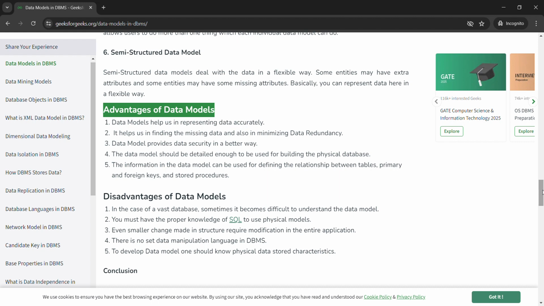Next are the disadvantages of data models. In the case of a vast database, sometimes it becomes difficult to understand the data model. You must have proper knowledge of SQL to use physical models.